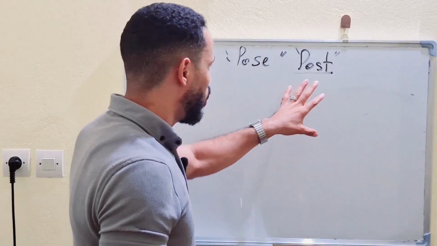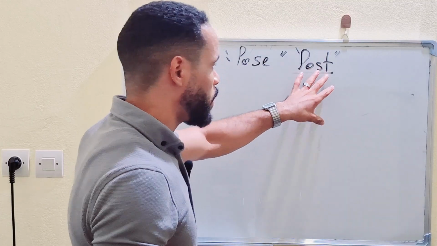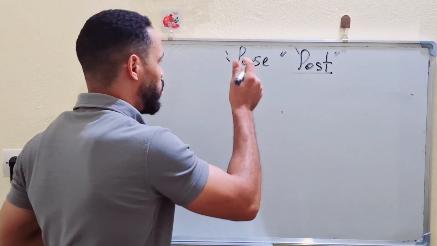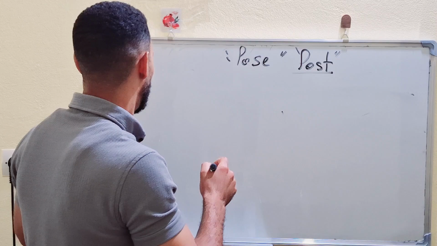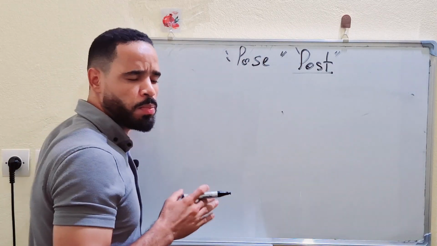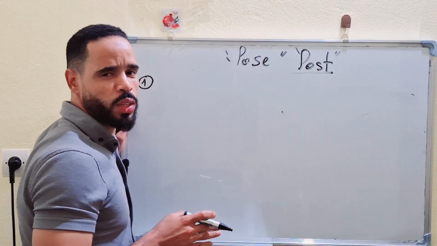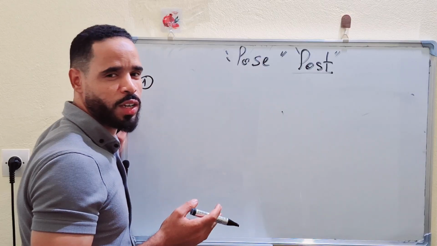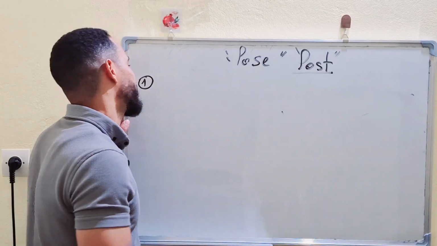I'm going to use the simple past form instead of the infinitive form. Number one situation. This example is very pessimistic. I don't want to start with that, but I will do. Okay, sorry for that.